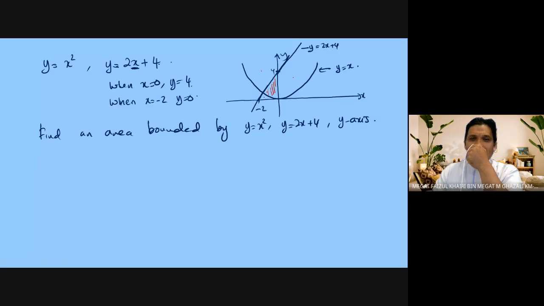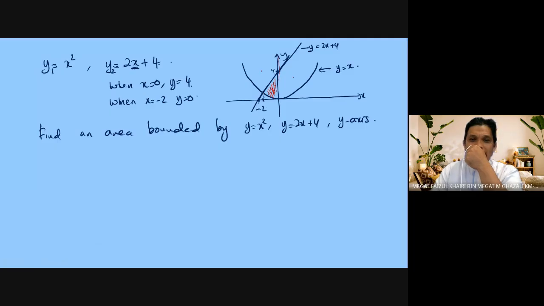So, because it is bounded by y equal to x squared, y equal to 2x plus 4, and y-axis, this is the area. But before that, we need to clarify the intersection point between these two functions, because it is going to give you the value of x here. Let's say this is y1 and y2.